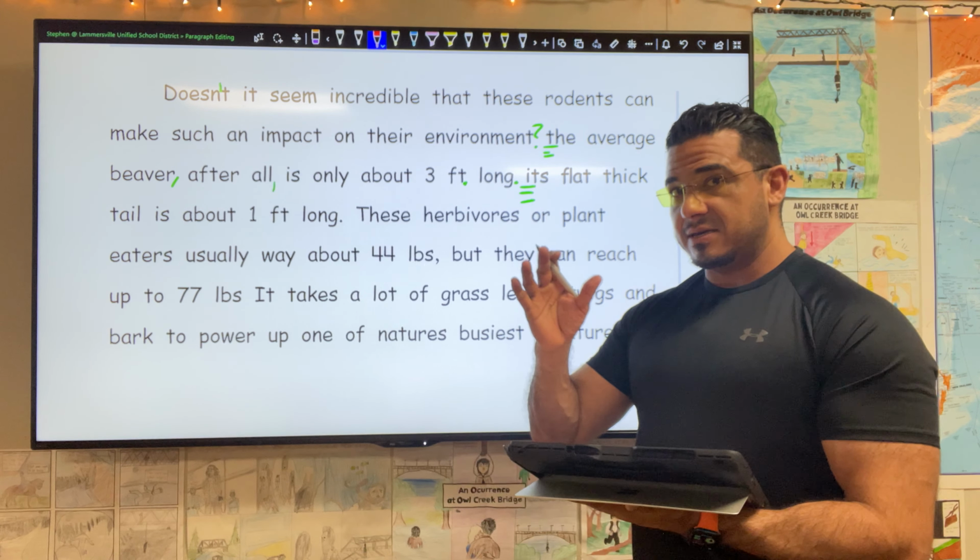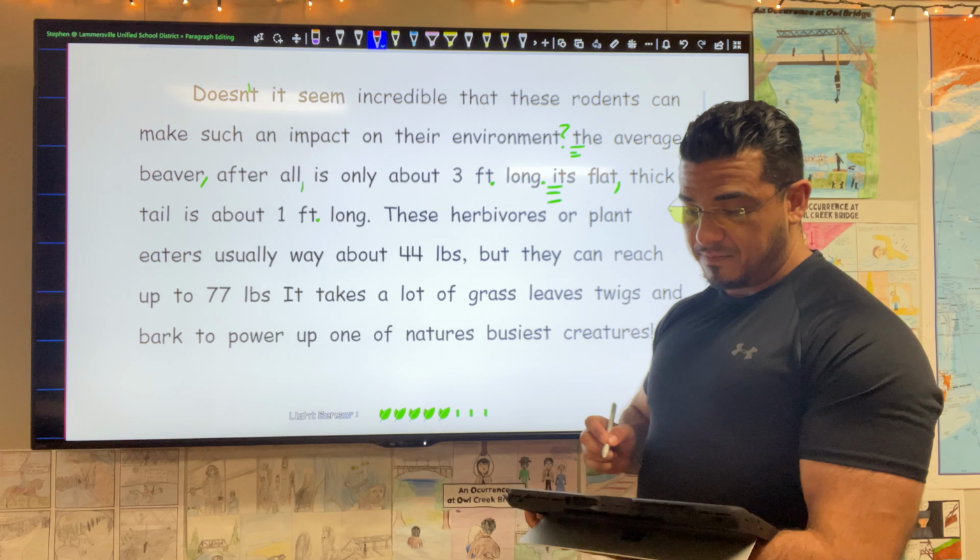Here, we're using the possessive form of the word its, which runs counter to what you would traditionally do when you're including a possessive. Traditionally, you would have an apostrophe S to show possession. In the case of the object pronoun it, it's actually just going to be it sans or without the apostrophe to show ownership. So its flat, comma, we're learning together. Its flat, thick tail is about 1 foot long, still an abbreviation, and with a period.